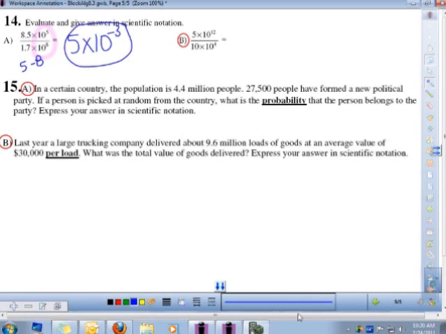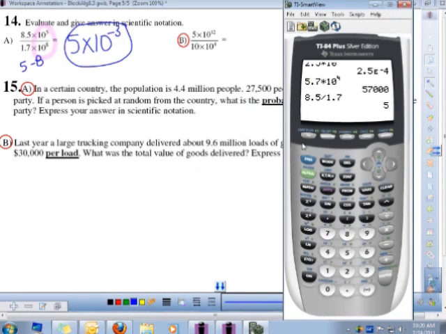Now let's type this one into the calculator. You need to be sure and use your alpha y equals and your fraction. And we need to be in scientific notation mode. Let's press the mode button and get in scientific notation mode. Okay. So 5 times 10 with an exponent of 12.